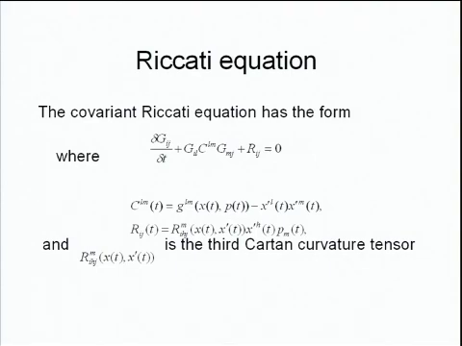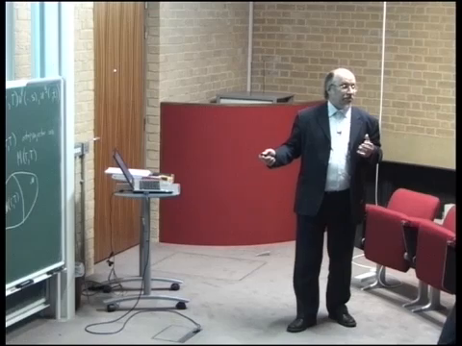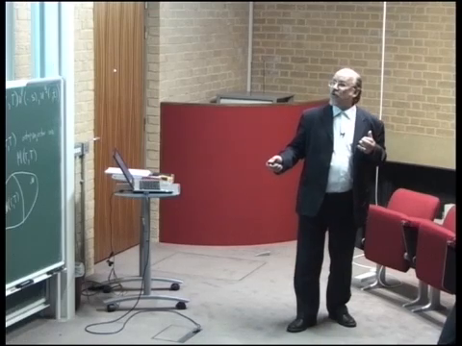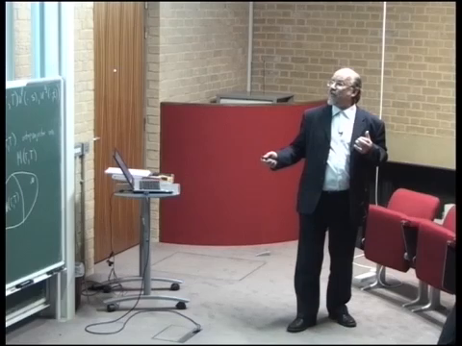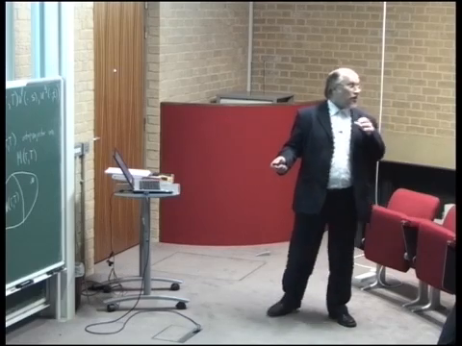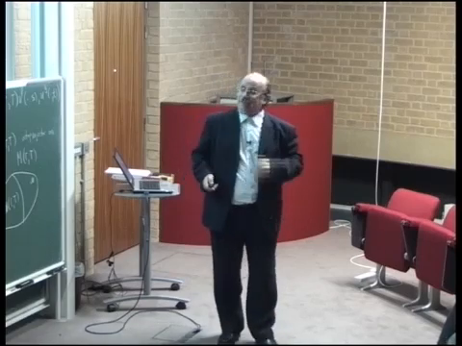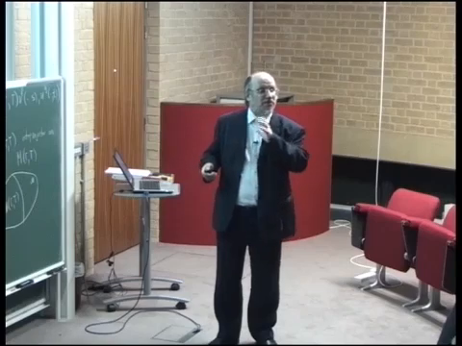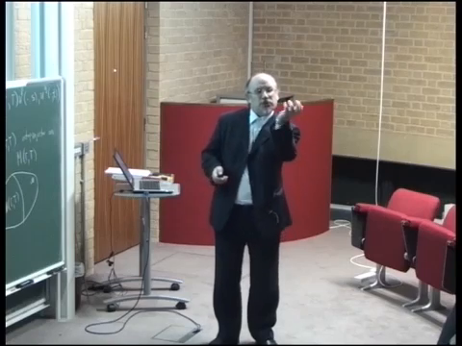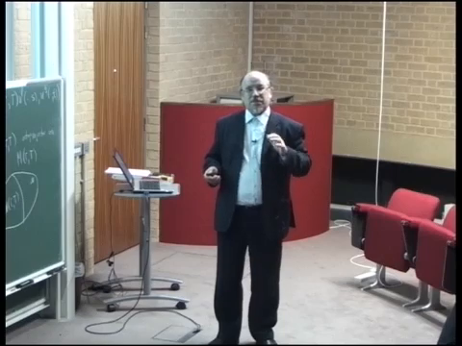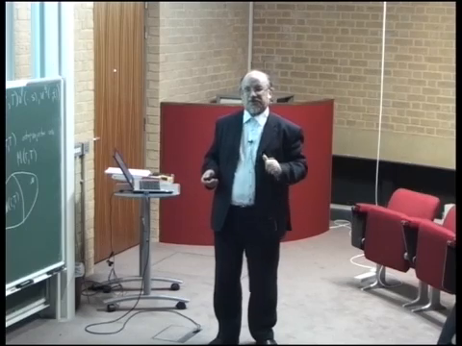And instead of the Riemannian curvature tensor, more complicated things appear. This is the so-called third Cartan curvature tensor of Finsler geometry. So if you try to construct a quasi-photon in Finsler geometry, we also obtain that the main term of this quasi-photon has geometric sense. Everything has geometric sense.